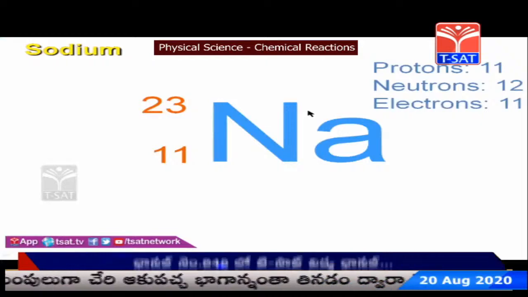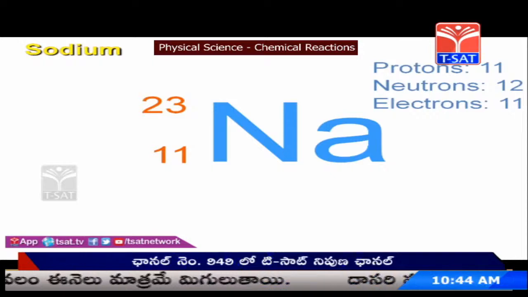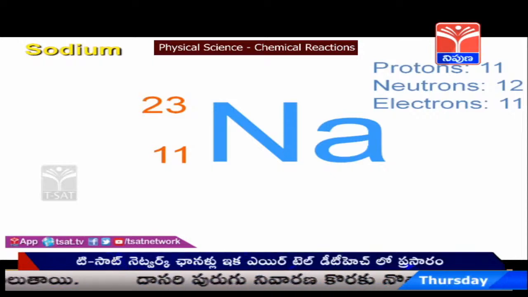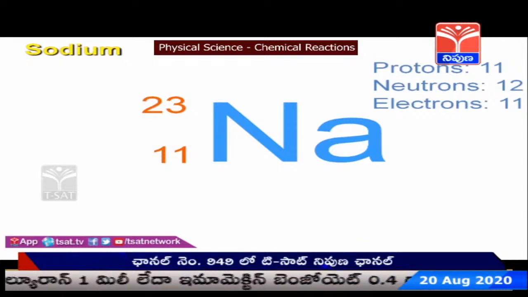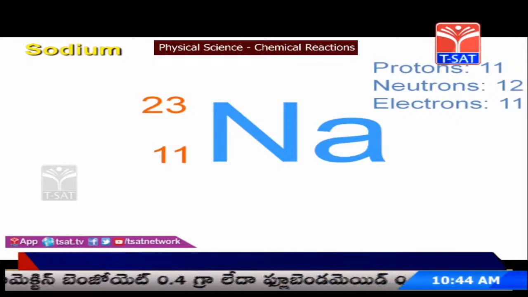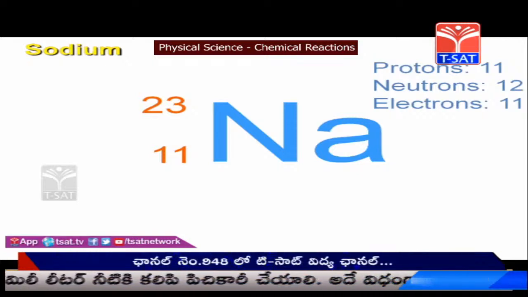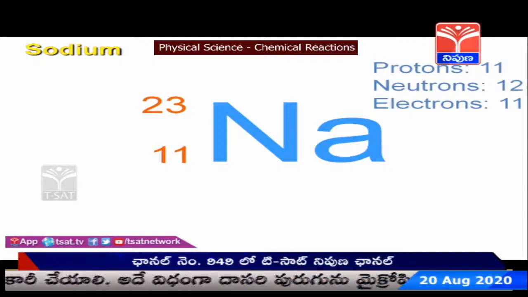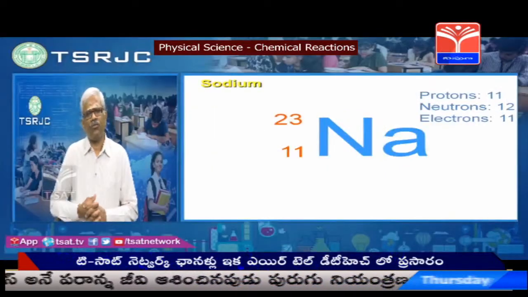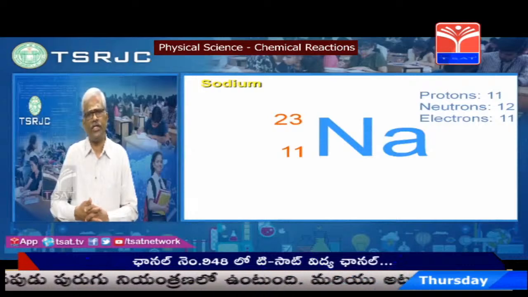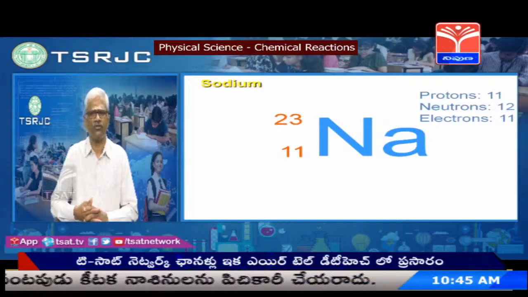Now, sodium. The mass number of sodium is 23 because there are 12 neutrons in the sodium nucleus and 11 protons. We will not consider the electron number in measuring the mass because the mass of an electron is apparently low. Almost 1080 electrons' mass is equal to the mass of one proton.